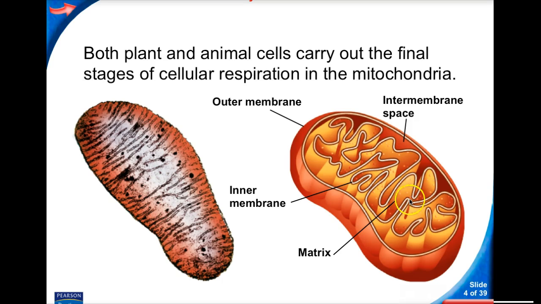And inside the inner membrane, you have all the other material, and that is called the mitochondrial matrix. We'll look at these different parts of the mitochondria and see which reactions specifically occur in each of those little compartments of that organelle.